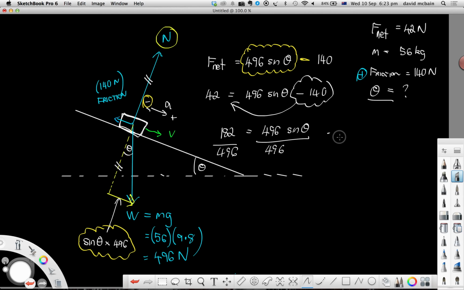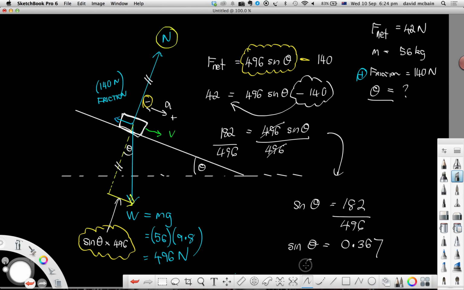So the sine of theta is going to equal 182 divided by 496, which is actually 0.367. So the sine of theta equals 0.367.